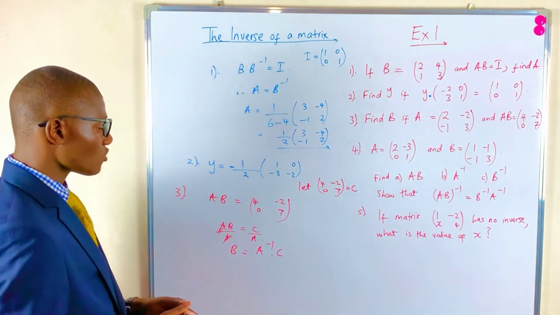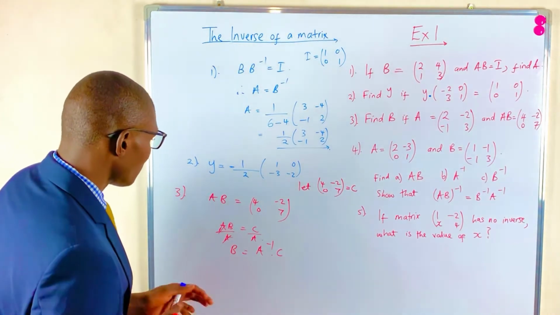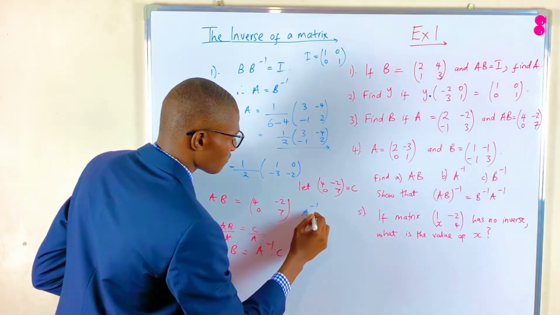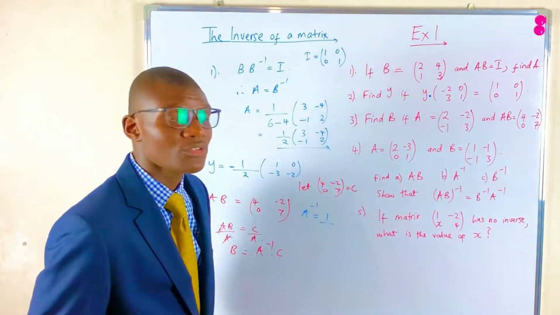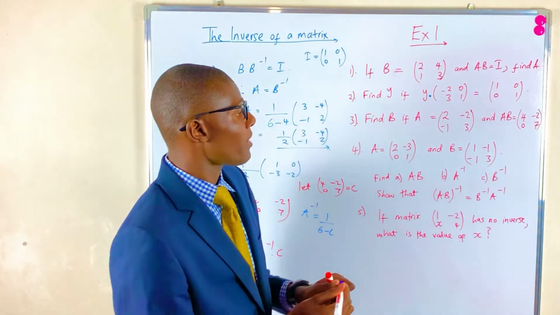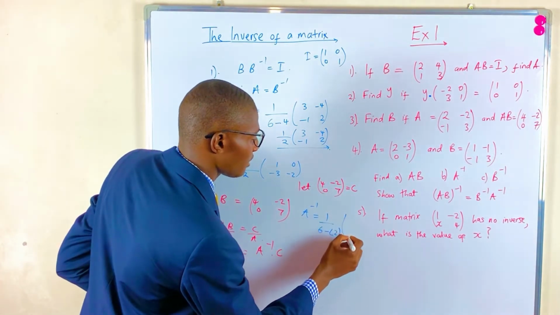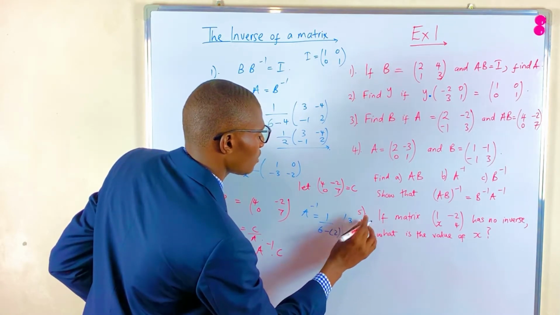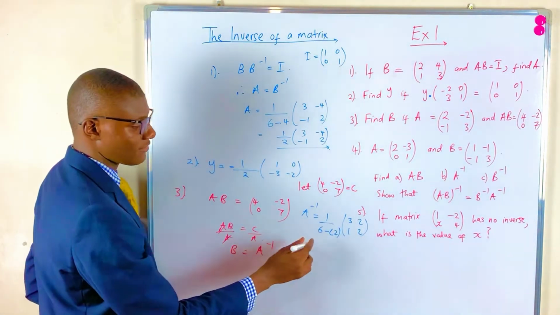So to get B, we are simply saying the inverse of A times C. So first step, we have to find the inverse of A. Inverse of A shall be 1 over the determinant, which is 2 times 3, we get a 6, minus 1 times minus 2, that's a 2. And then this will be 3, 2, and then 1, 2. So this is the inverse of A.